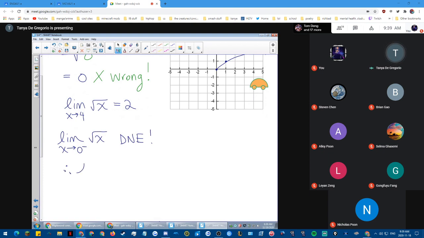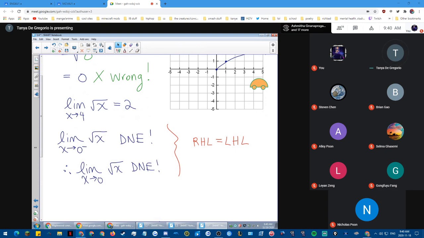Therefore, the limit as x approaches 0 does not exist. You have to have a left hand and a right hand limit. The right hand limit has to equal the left hand limit. Cool?